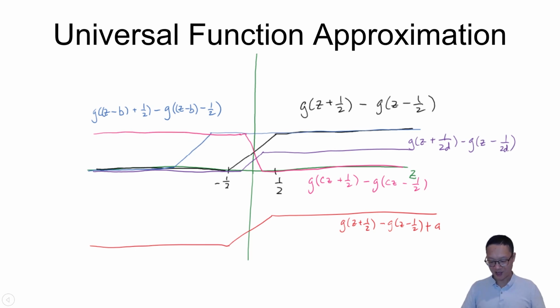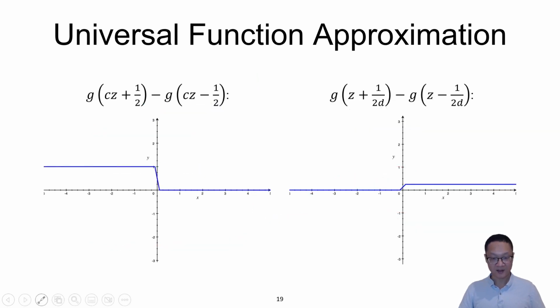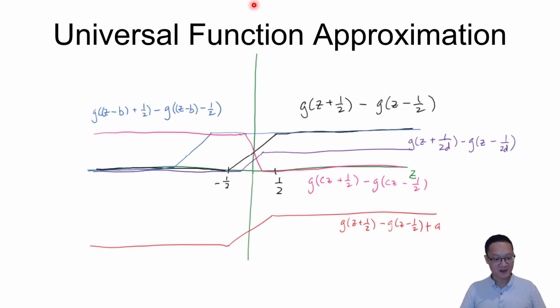Okay, so now we have so many different variations of this function. And that's what this slide is trying to show. So first you can flip horizontally. You can change the slope here. Over here on the right side, we keep the same slope, but then we change the region of increase, and also we can change how much we increase. So these are all the options we have to play around with this function.